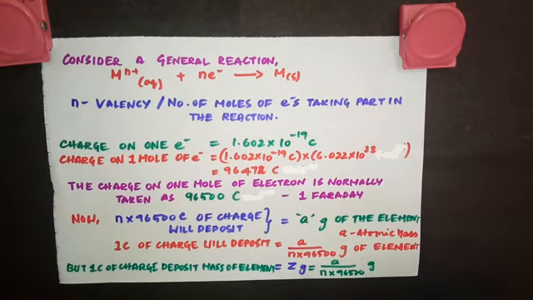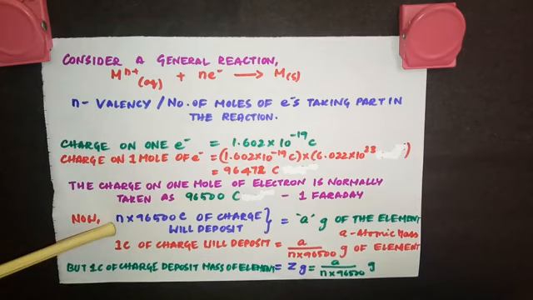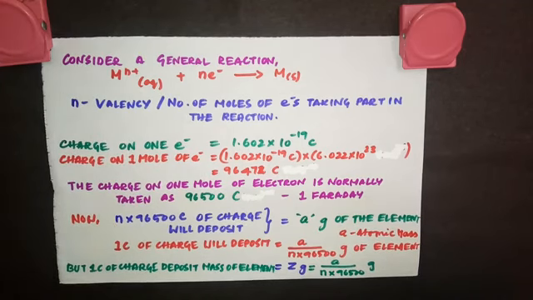For example, Na plus electron gives you Na solid. So here n is equal to 1 electron. What is the atomic mass of sodium? 23 gram. So to deposit 23 gram of sodium, you need 1 into 96,500 coulomb of charge.